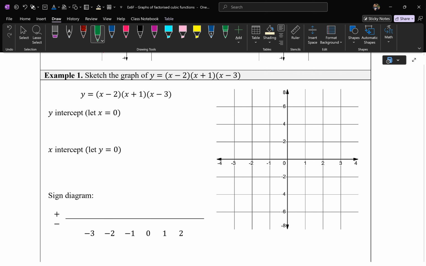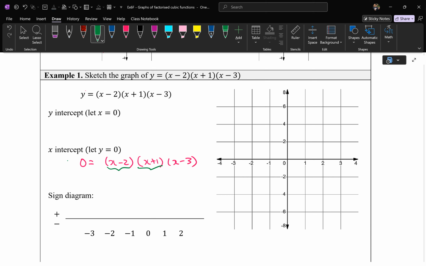Then where would the x-intercepts be? X minus 2, x should equal to? If x minus 2 is a factor, what would the x-intercept be? 2. Just in case you don't know how I knew that, you let y equal 0, so 0 equals x minus 2, x plus 1, x minus 3, and you do exactly what you did in chapter 3, null factor law.